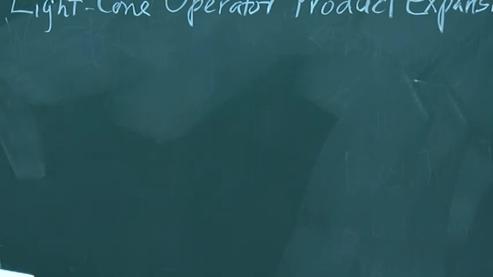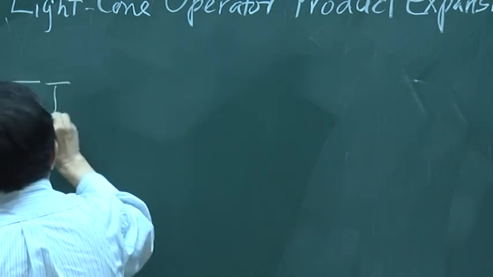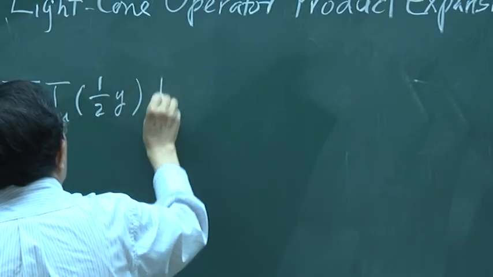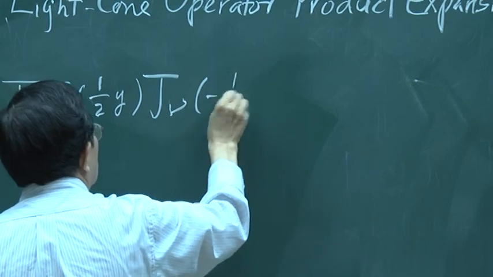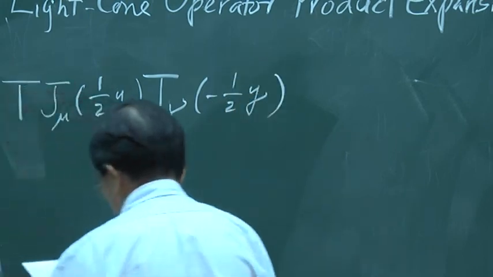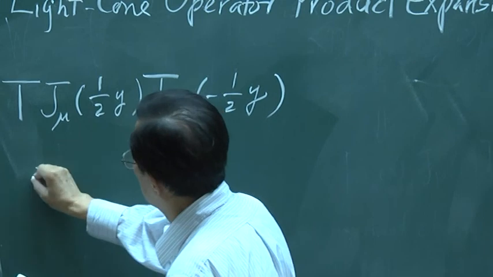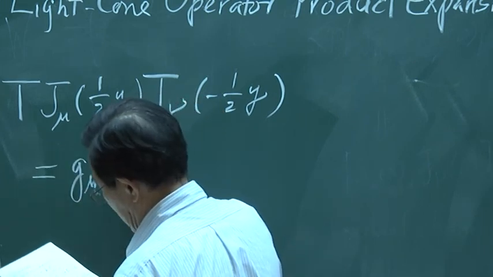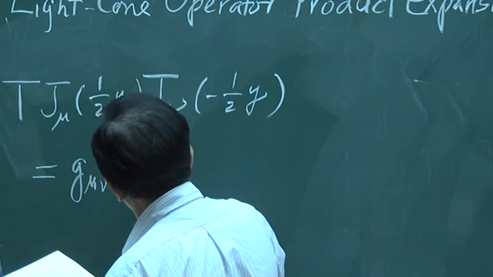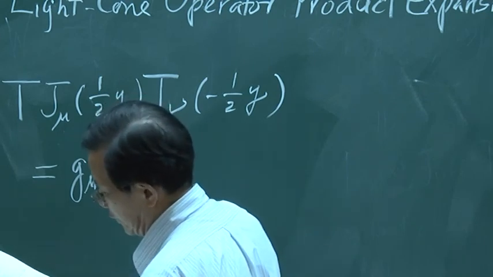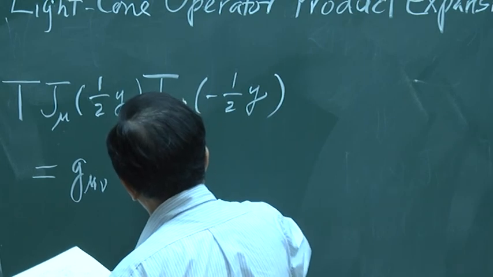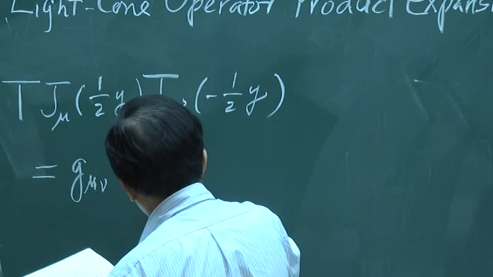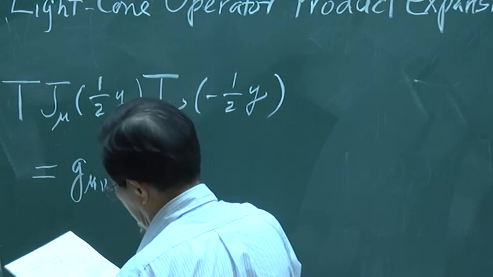Okay. So what you have is two operators, say J mu at one half y, and then J nu at minus one half y. And then you can write them down. You have a lot of indices, okay? G mu nu, and then you have a C. These are some conventional notation, so you don't have to pay attention. 1, I'll tell you why this is 1.